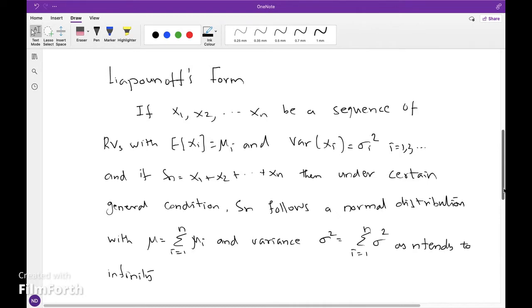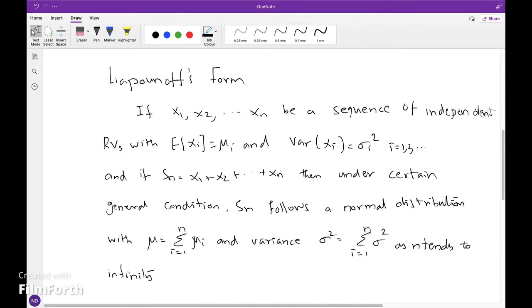And if Sn is equal to X1 plus X2 plus etc. plus Xn, then under certain general conditions, Sn follows a normal distribution. The main thing is that the Xi be a sequence of independent random variables.